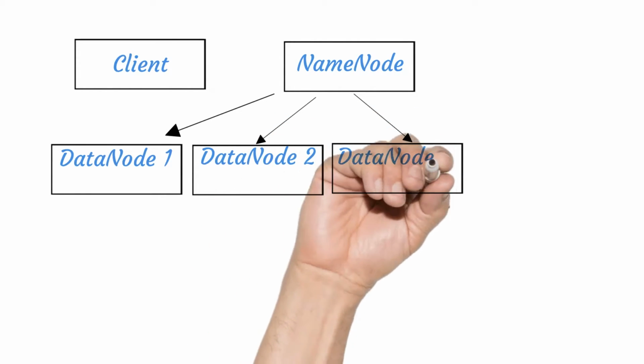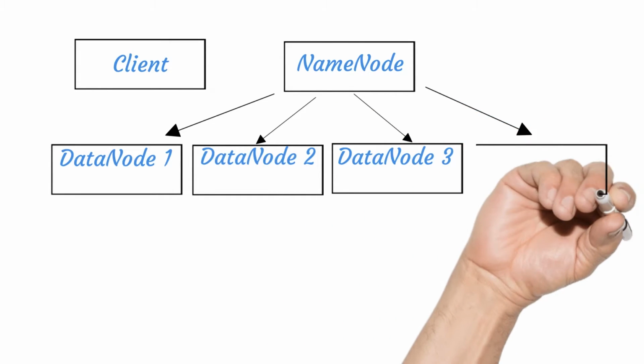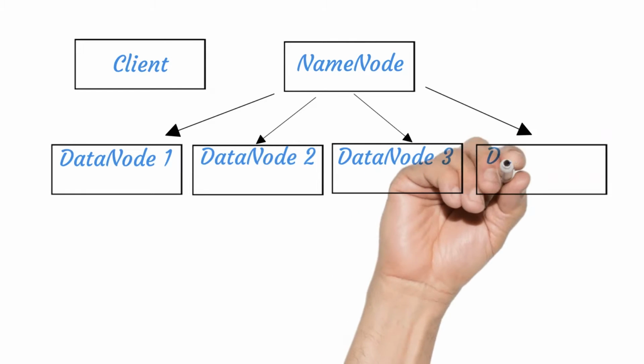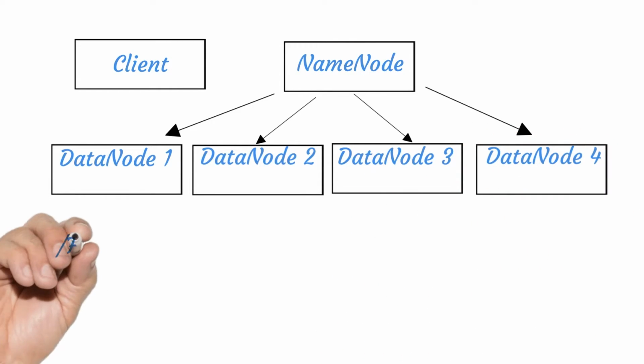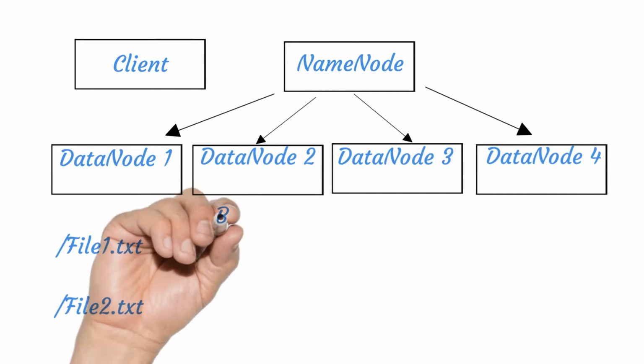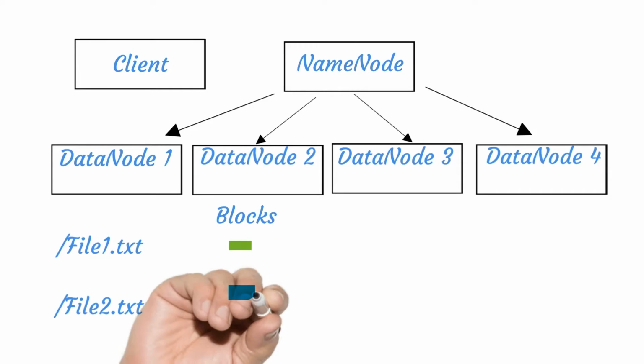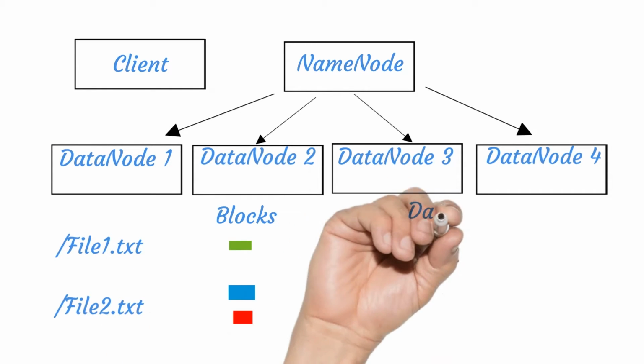The master in HDFS is the centerpiece of HDFS. These are high-end machines and store metadata related to all the files stored in HDFS. It manages and maintains the file system namespace and provides instruction to the slave nodes.